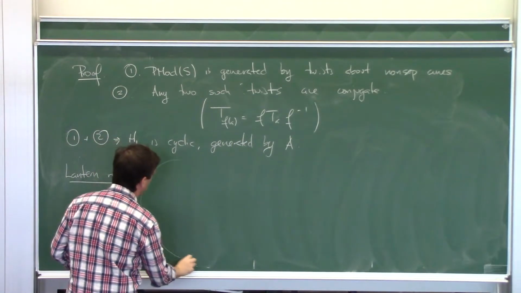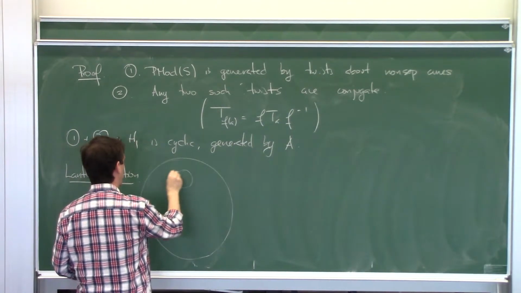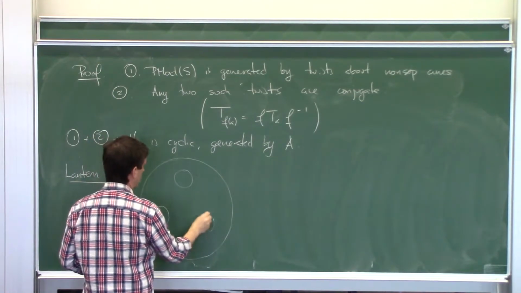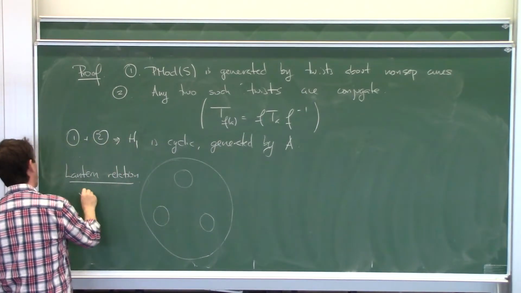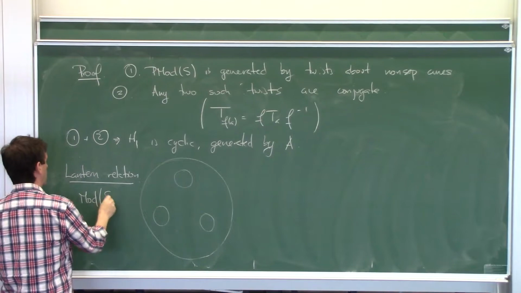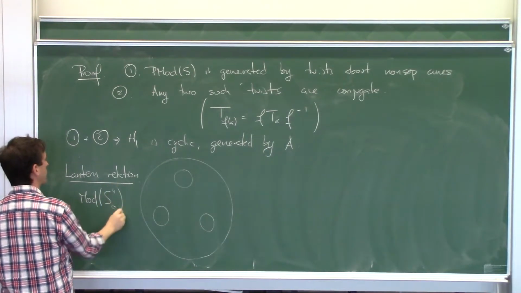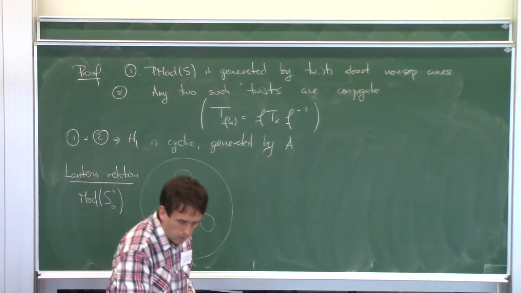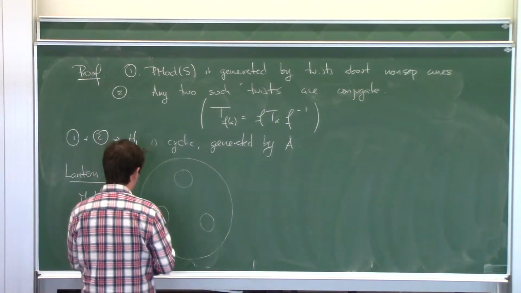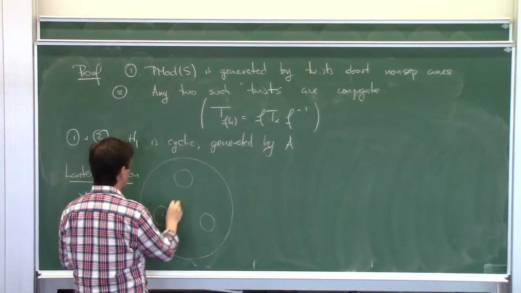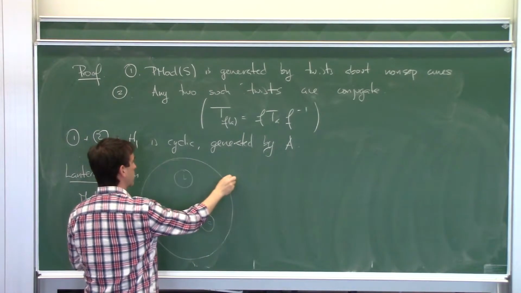So Mod(S) of the surface of genus 0 with 4 boundary components. This is called A, this is called B, this is called C, this is called D.